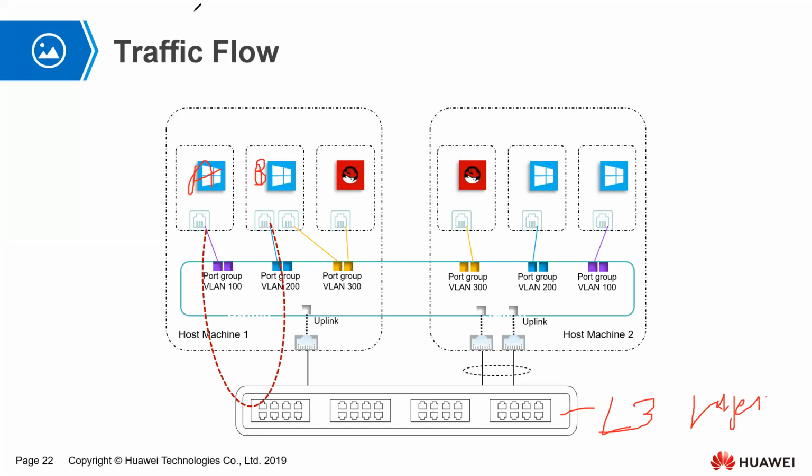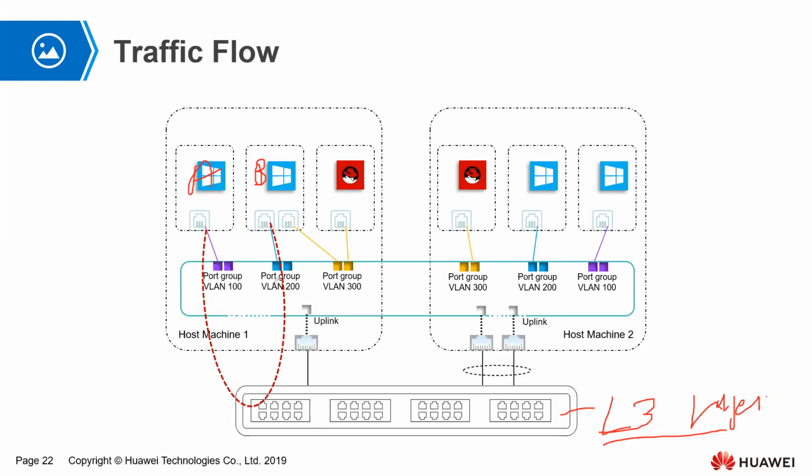I was saying that if virtual machine A needs to communicate with virtual machine B, the traffic has to be routed through a layer 3 device, a router or a layer 3 switch. And who could guess the reason why? Why is that so?